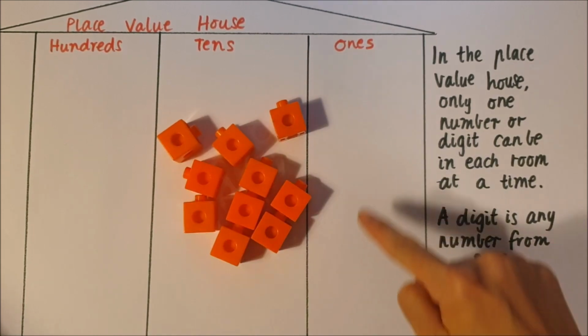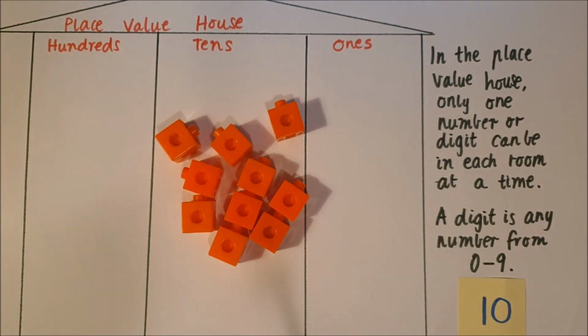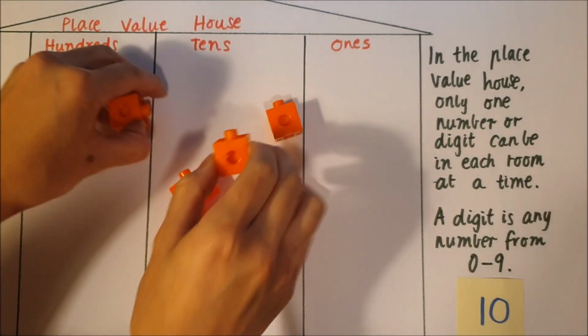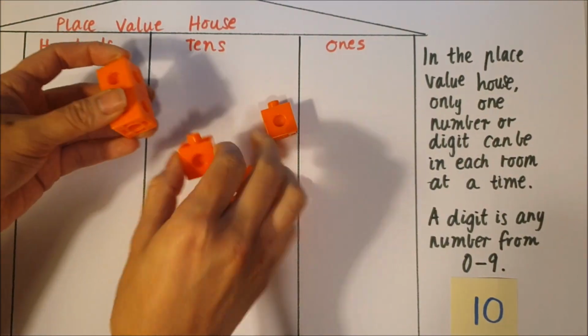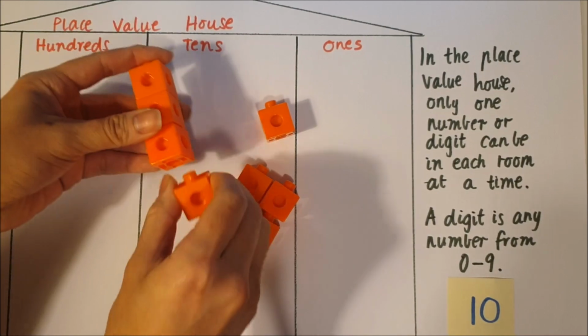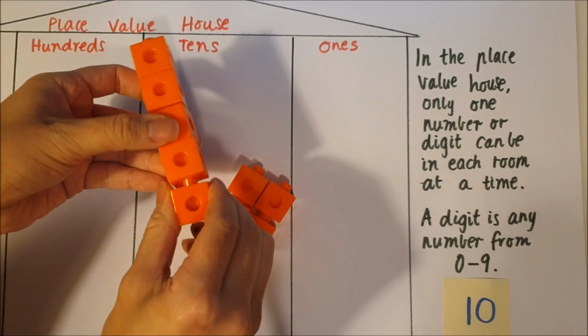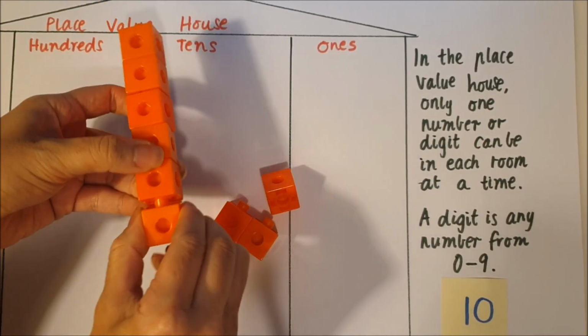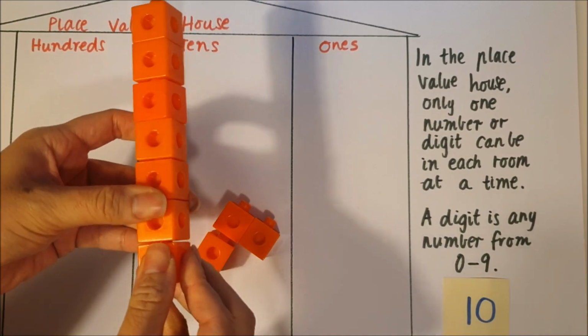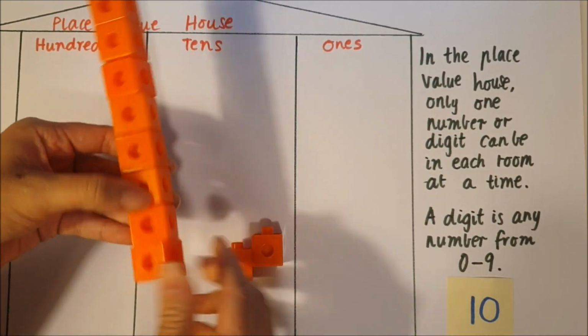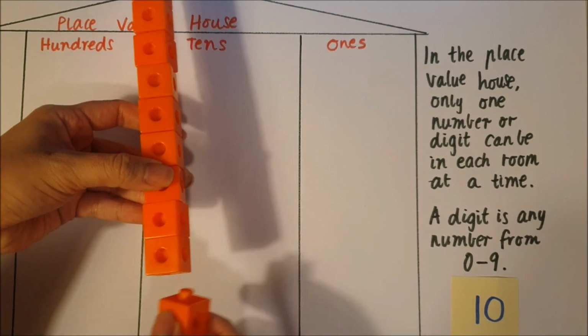So instead of having 10 little ones there, what we need to do is bundle them together. And when we are bundling blocks, we can just connect them and make them into one stick. There we go.